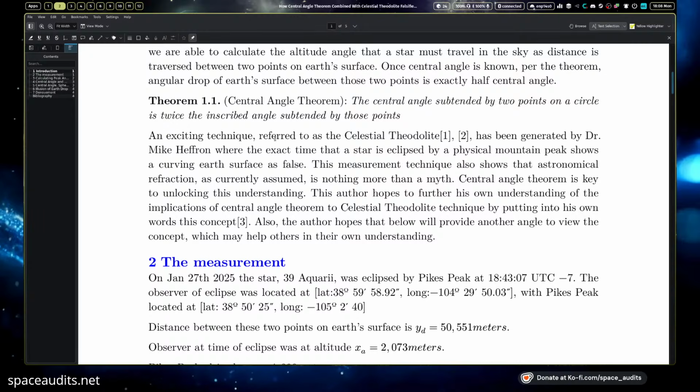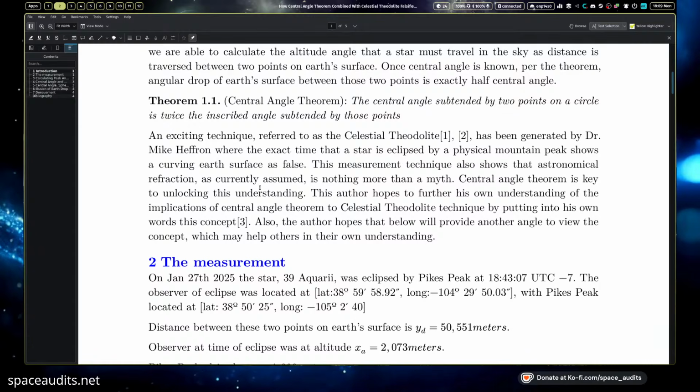An exciting technique referred to as the celestial theodolite has been generated by Dr. Mike Heffron, where the exact time that a star is occluded by a physical mountain peak shows that the Earth curvature is false. The measurement technique also shows that astronomical refraction, as currently assumed, is nothing more than a myth.